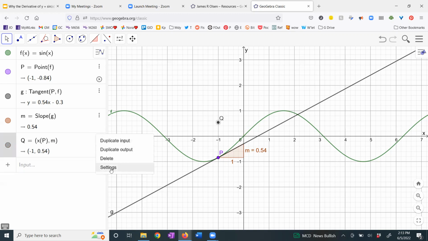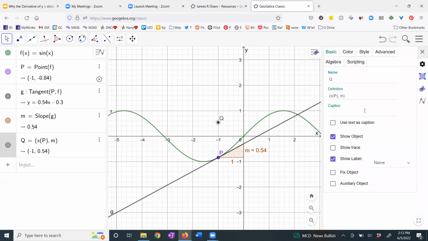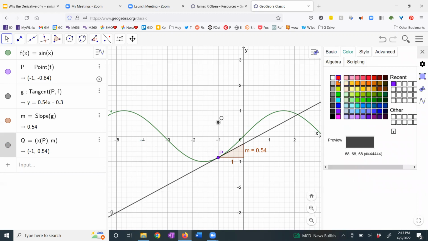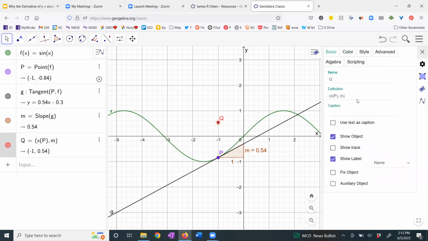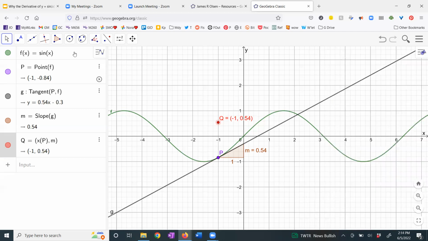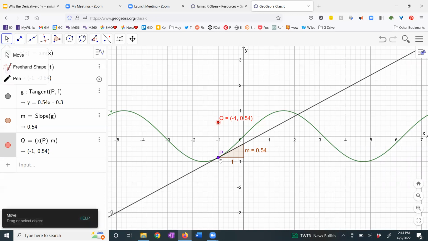I'm going to go to the settings of point Q. And let's make it red to make it stand out. And also let's show not just the name of the point, but let's show the name and value. The value of a point is going to be an ordered pair. Okay, very good. So let's experiment with this and see how well it works.